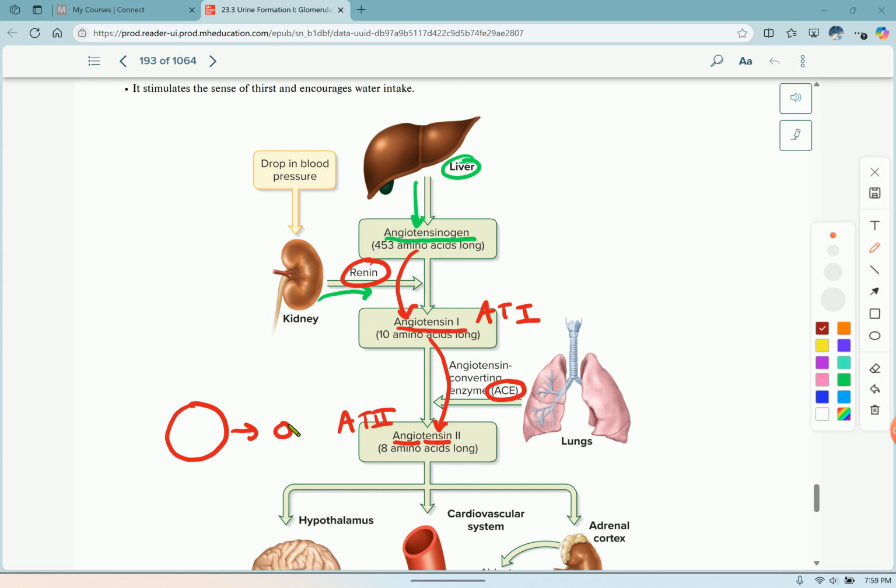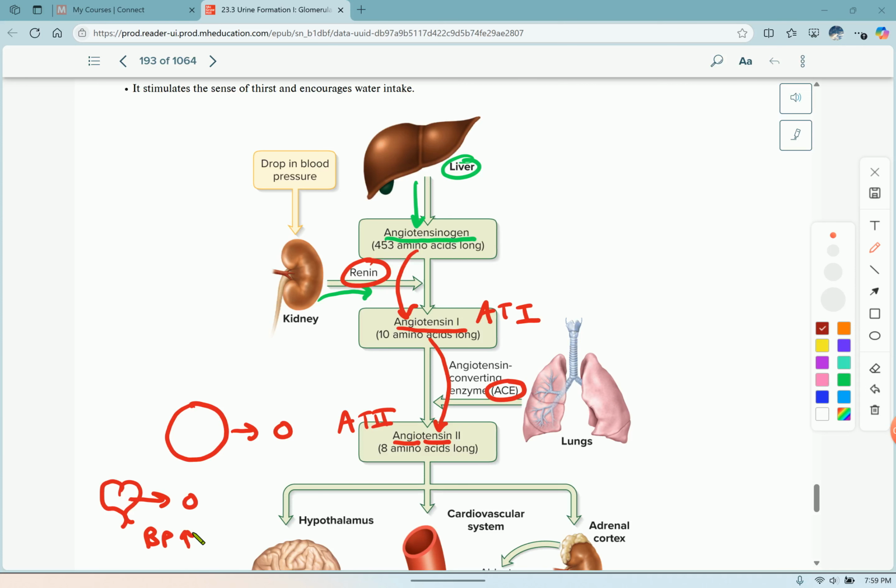And when you hook a pump up to a constricted tube, blood pressure has to go up. So the pump has to work harder, so blood pressure will go up. Okay, that takes care of the renin angiotensin part.